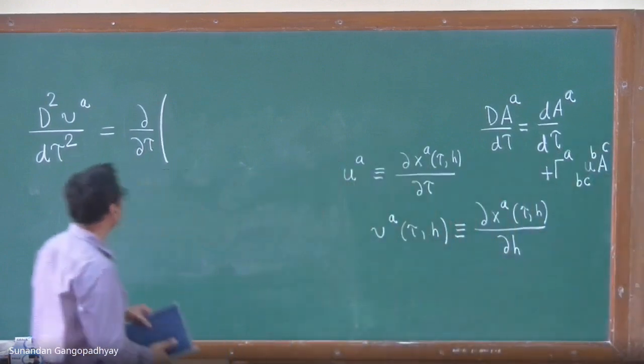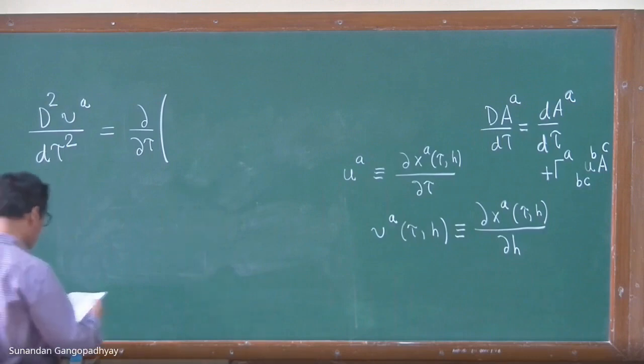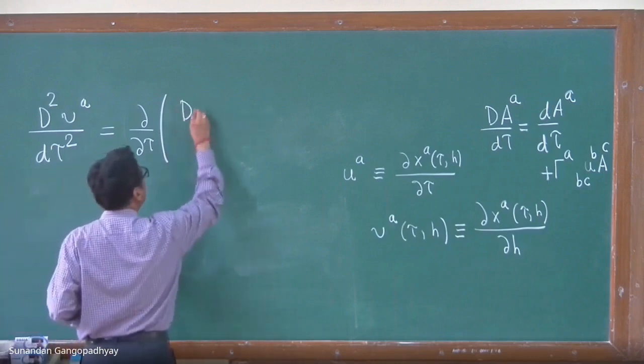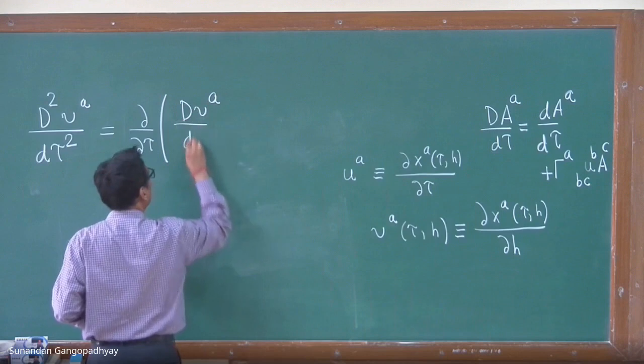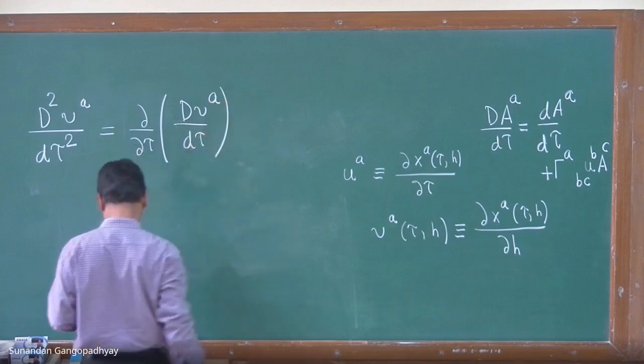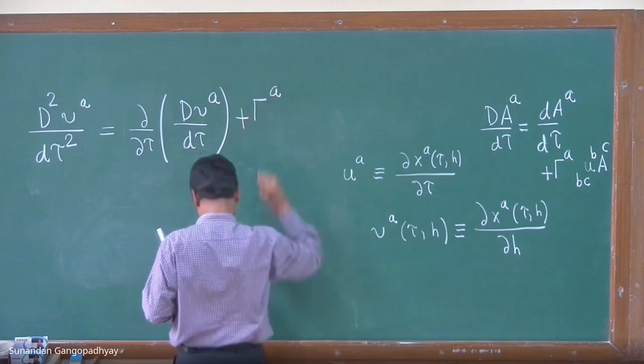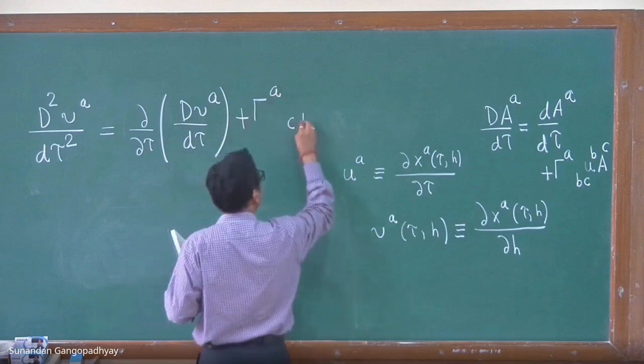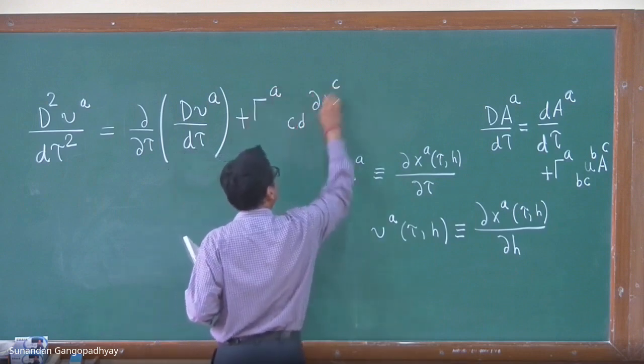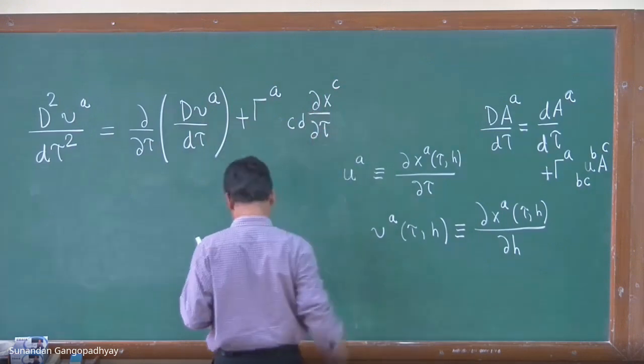Let's put it there. So this will be del tau of del x plus gamma^A_CD del x^C del tau.